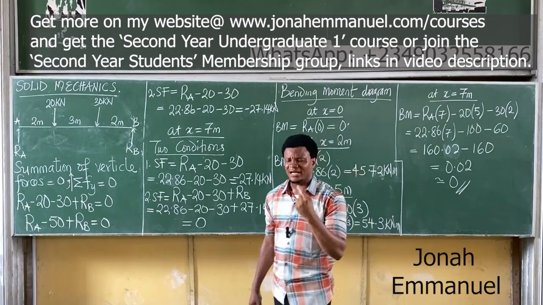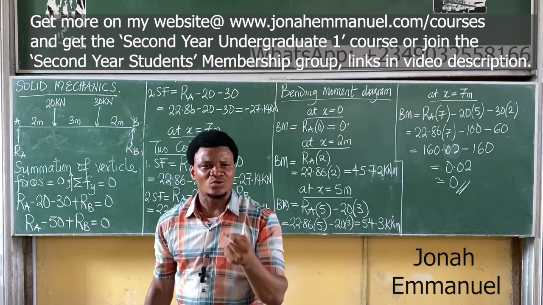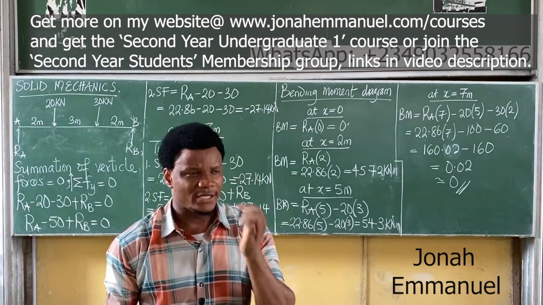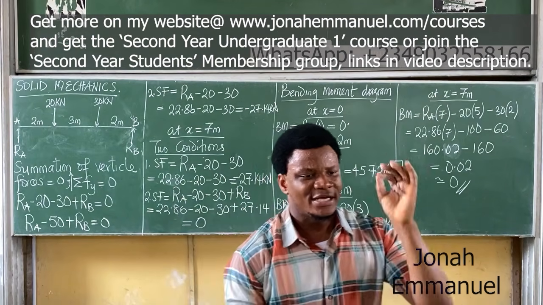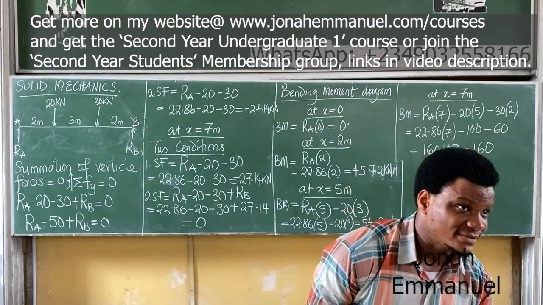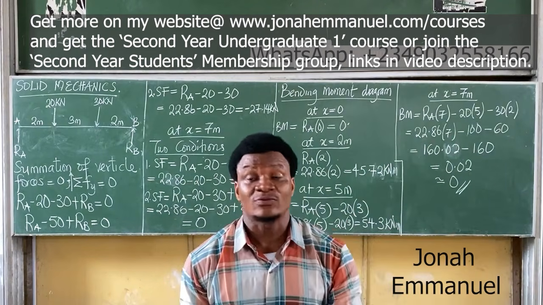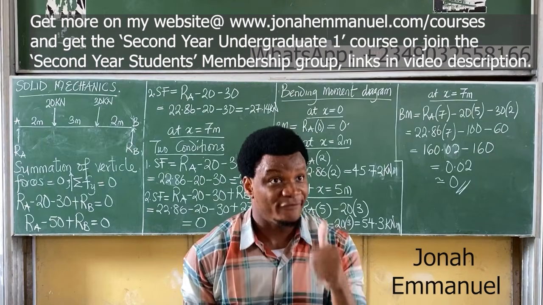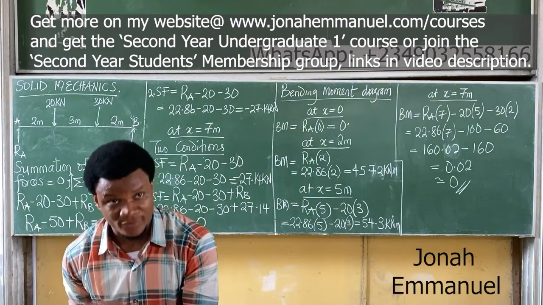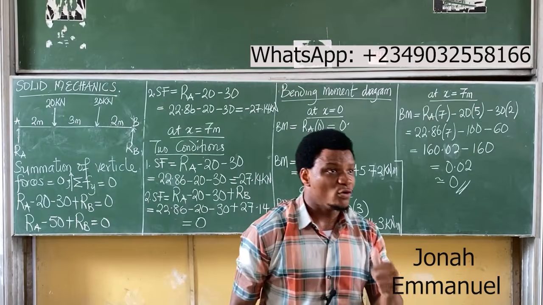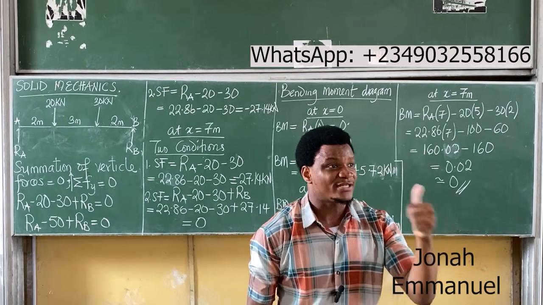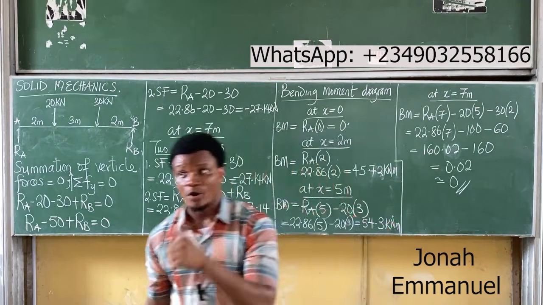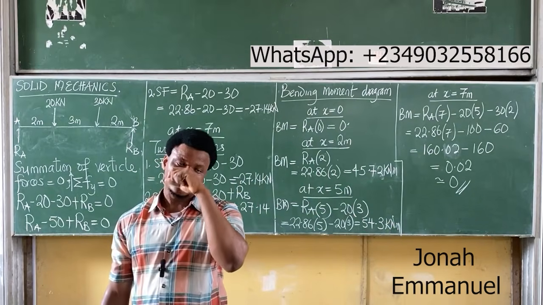But remember that bending moment would always end in what? 0. Here's your gist. Shear force might or might not start with 0, but shear force must end with 0. Bending moment must start with 0, and must end with 0. All right.